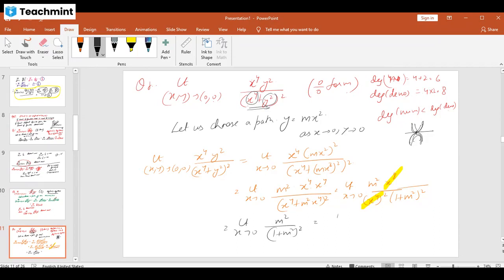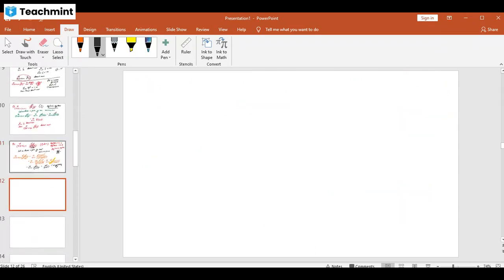Because it doesn't depend upon x, the limit is m square upon (1 plus m square) whole square. But what is m? Here m is an arbitrary number, because I can choose a class of parabolas whose vertex is the origin. So m can be positive, negative, or assume any value. Because m is arbitrary, and corresponding to different values of m we get different limits, the limit depends upon m. And I told you if the limit depends upon the path, it means the limit does not exist.